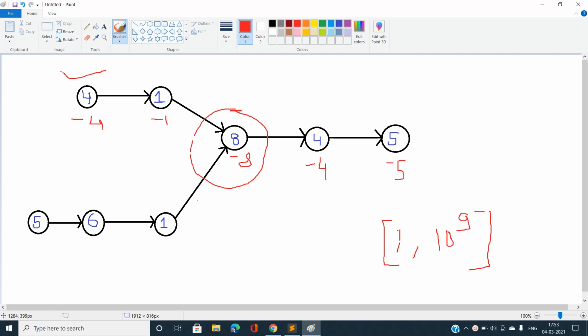So if I make all these node values negative, what should be our approach to find the intersection point? Now you can easily see, if I traverse my linked list B, then on traversing this linked list, whenever we find the first point at which the node value is negative, that is -8, we can claim that yes, we have found our intersection point.